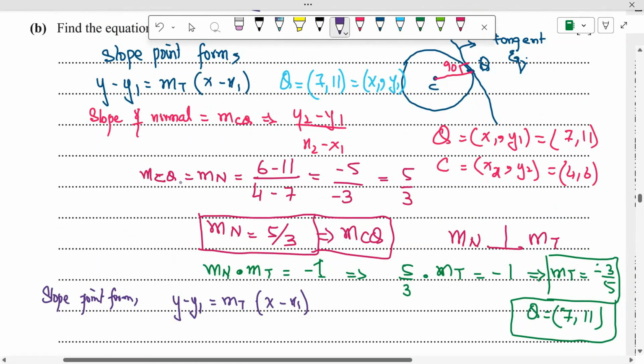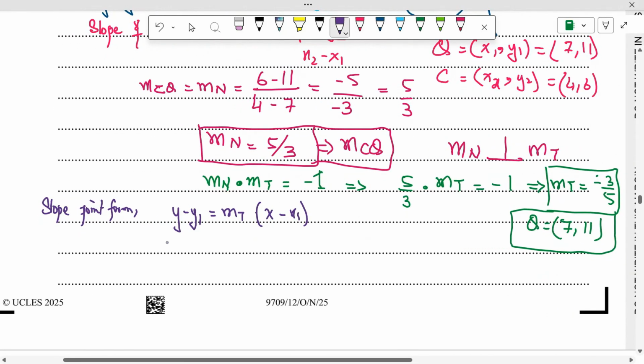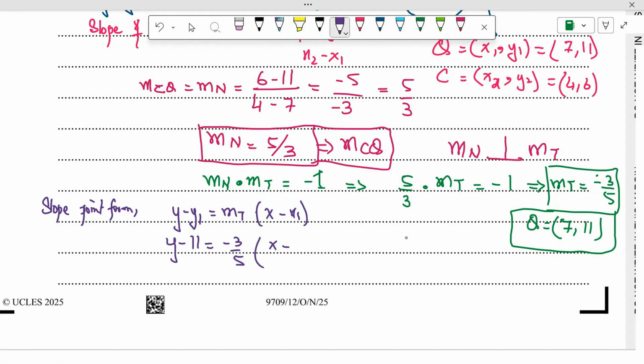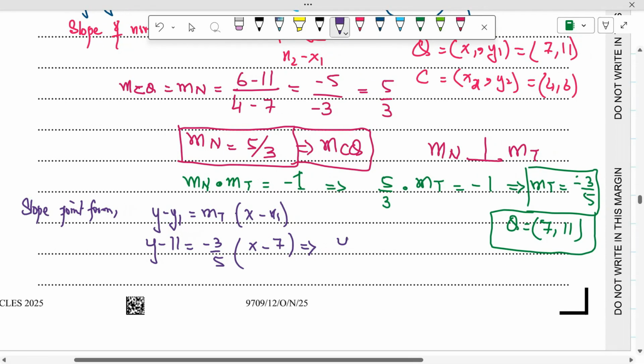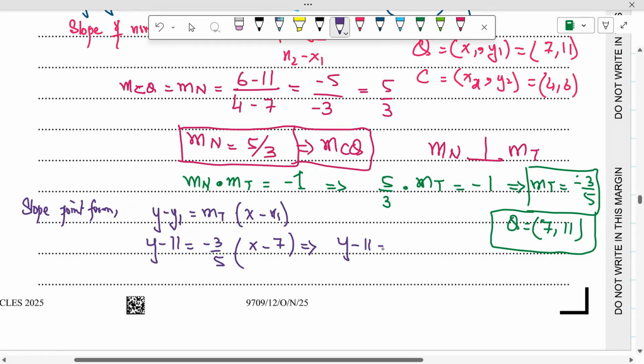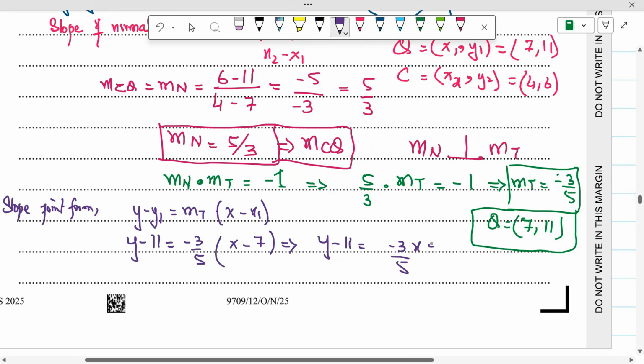And y minus y1 means y minus 11 equals the slope, which is -3 over 5, times x minus x1, meaning x minus 7. This gives y minus 11 equals -3 over 5 x plus 21 over 5.